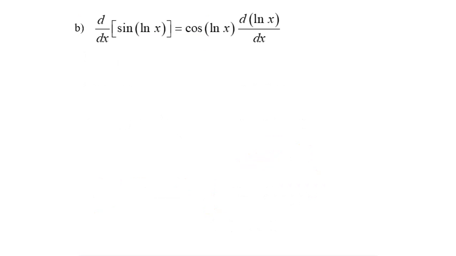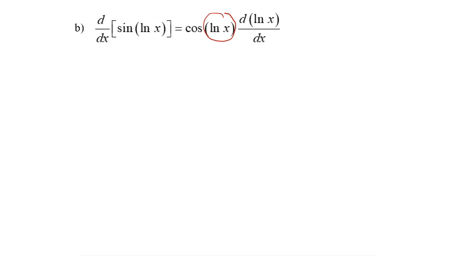Right, next for the second question. Here, differentiate sine ln x. So inside sine we have ln. Right. So look at the highlighted part here. If you notice, we don't differentiate ln yet.